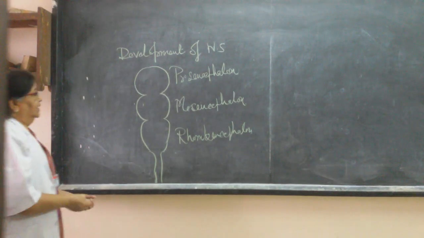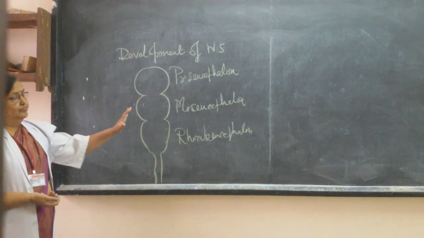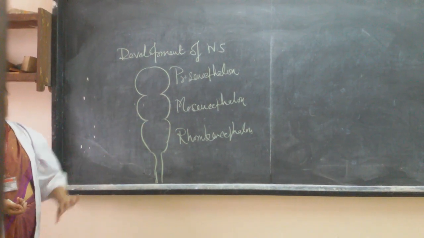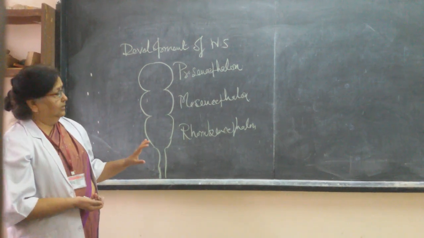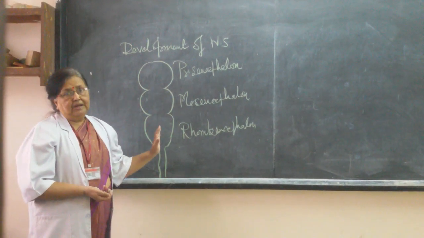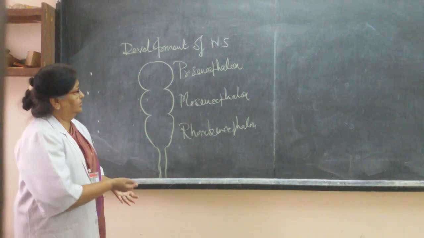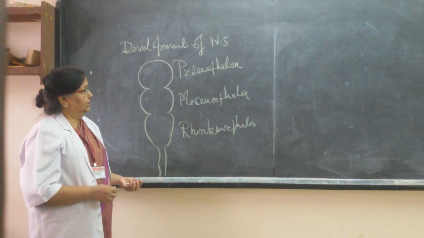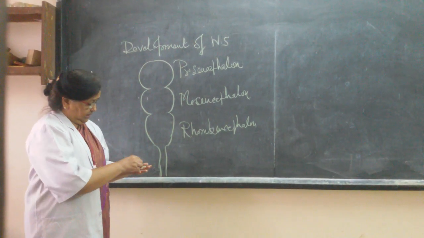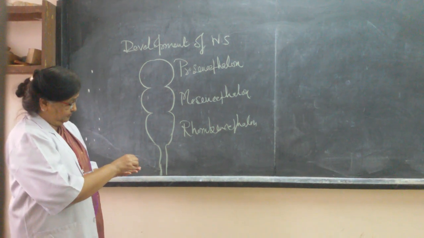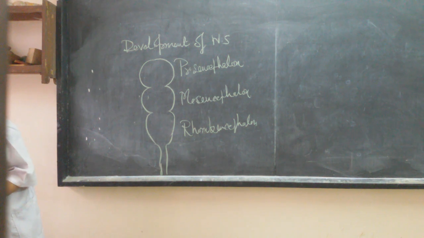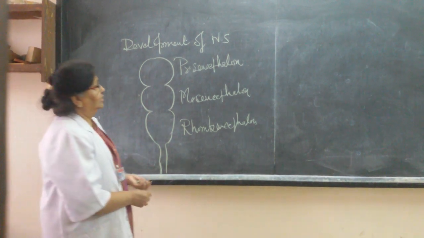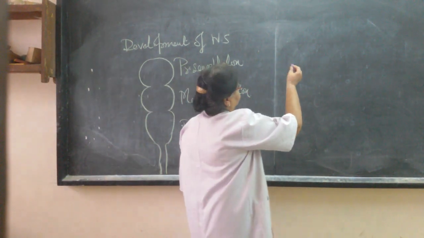Now, in this neural tube, a number of bends appear, and these bends appear due to the unequal development of the neural tube and also due to the formation of embryonic folds. There are two folds, concave ventrally.